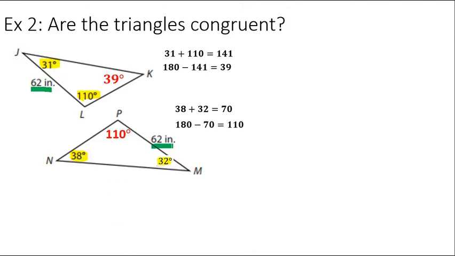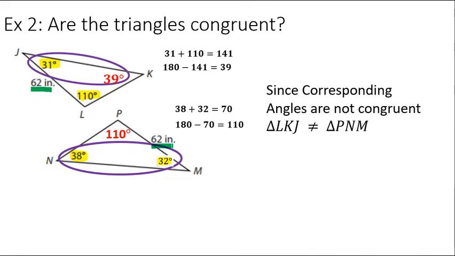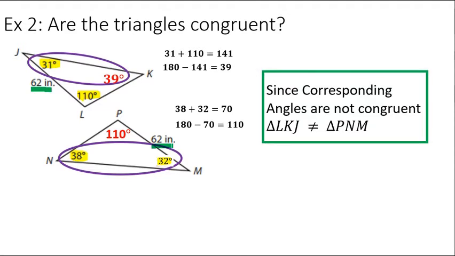Okay, so now if you notice here, only one angle is congruent to each other, angles L and P. The rest are not. So since these two, J and K, are not congruent to N and M, we say that these two triangles are not congruent since corresponding angles are not congruent. So the two triangles are not congruent here.